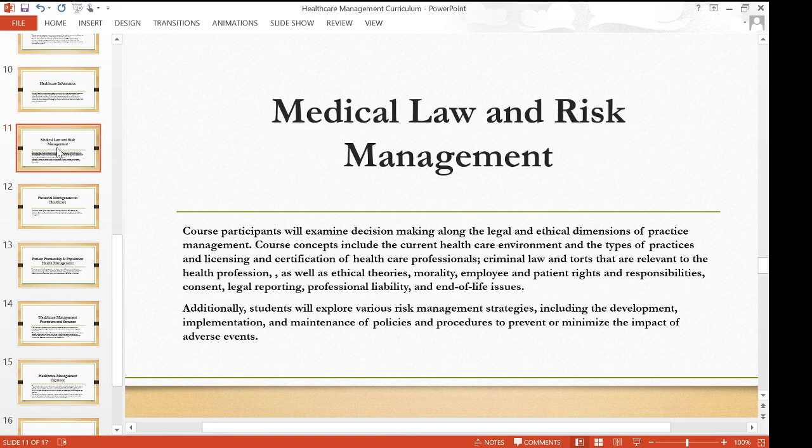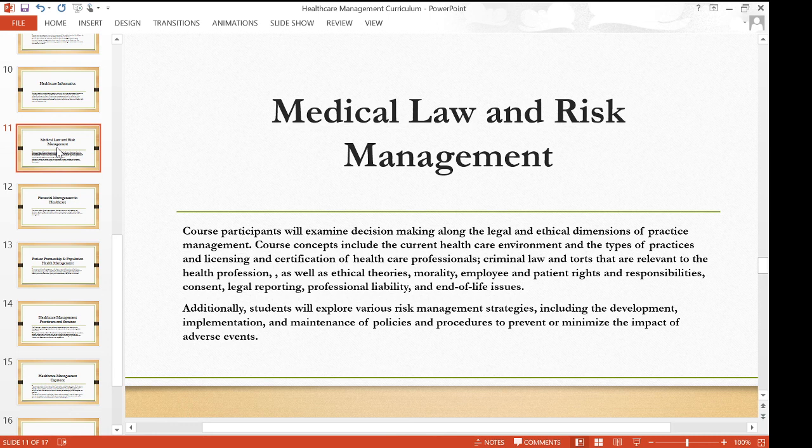The next subject will be medical law and risk management. Course participants will examine decision making along the legal and ethical dimensions of practice management.